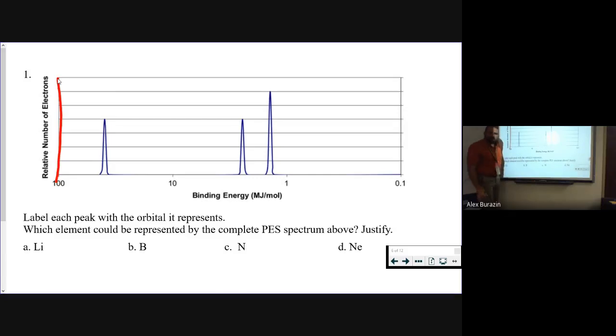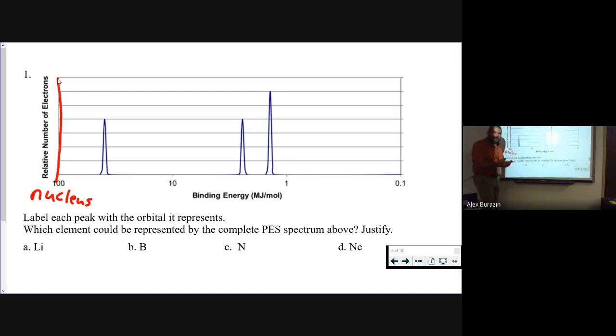Your y-axis over here, think of this as your nucleus. Okay, that is the nucleus of your atom. As you read left to right across the x-axis, each peak you hit is the next orbital in sequence.